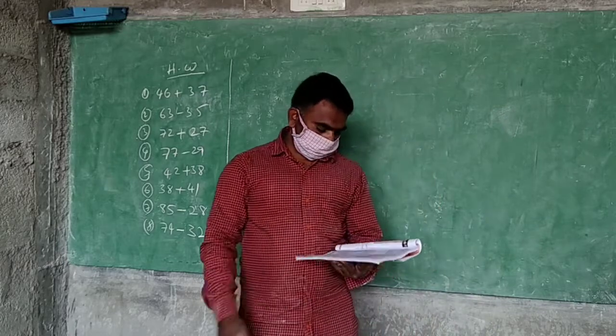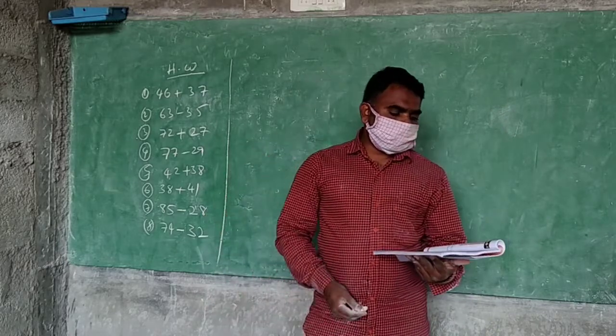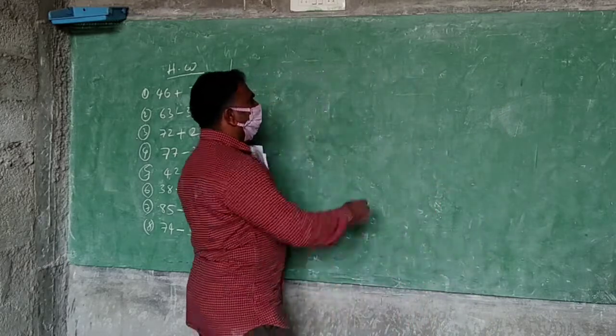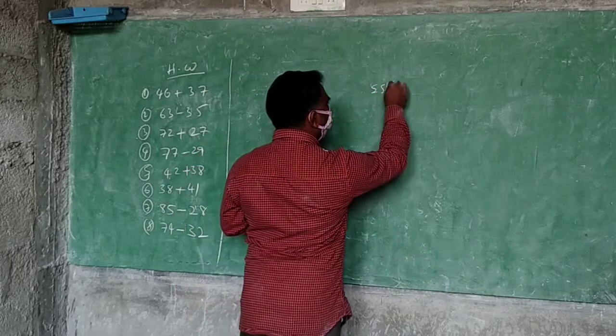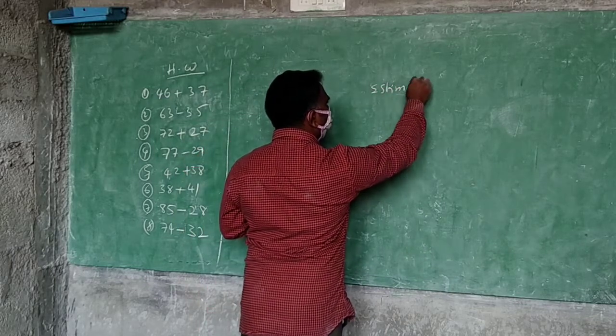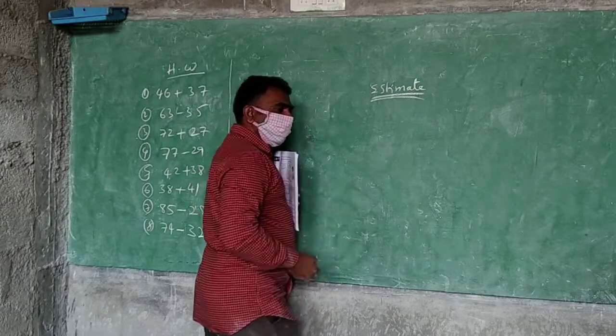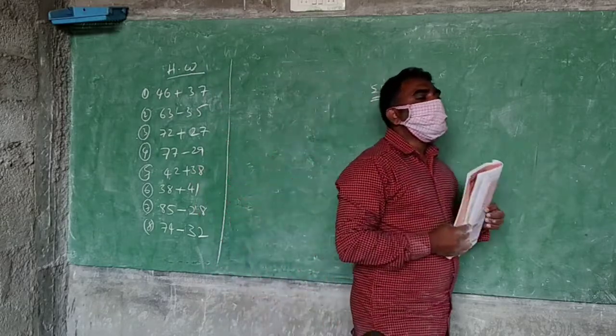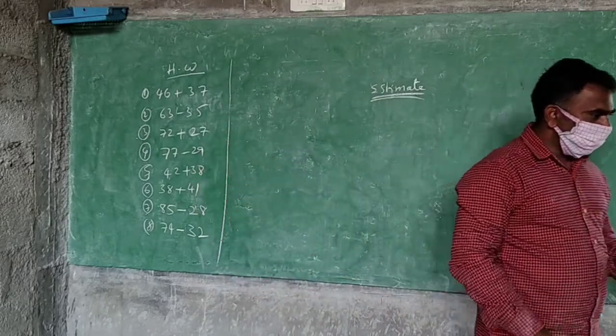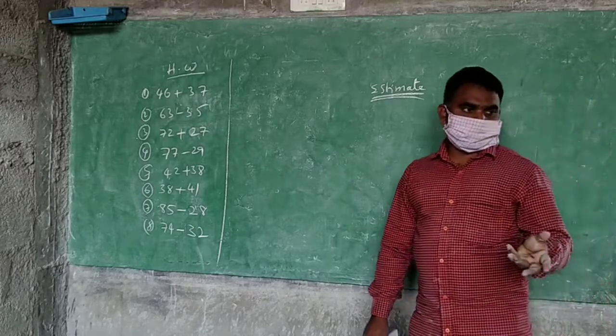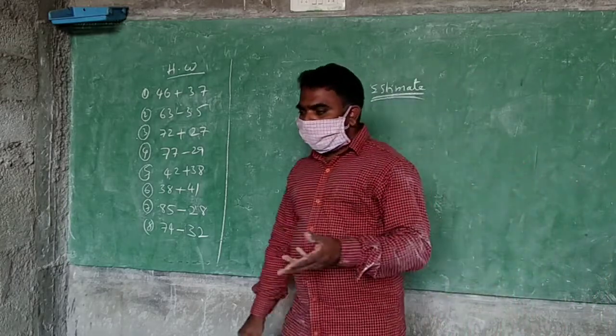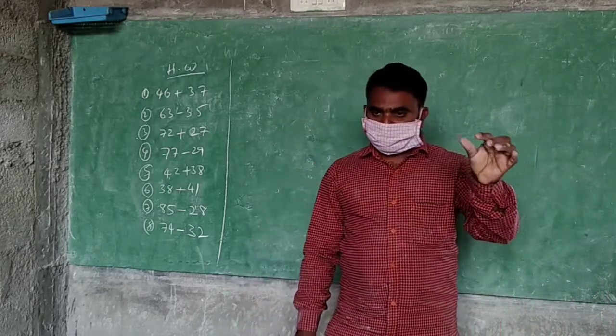Okay. Next question. Do not find the exact answer. Just estimate. What does estimate mean? You know, a rough answer. Rough answer means a near answer. Now we are adding exactly, no? 5 means 5, 6 means 6.